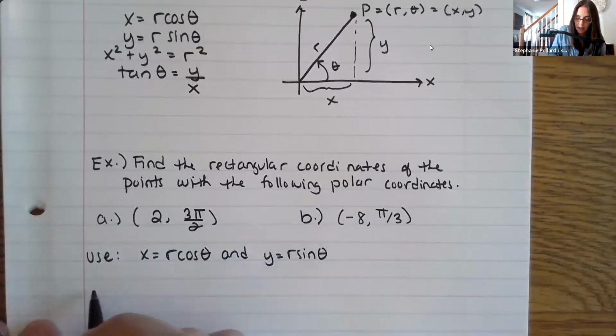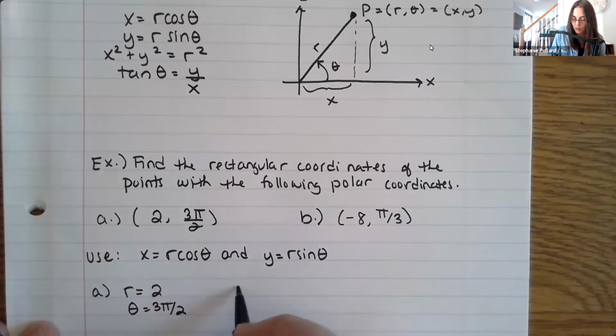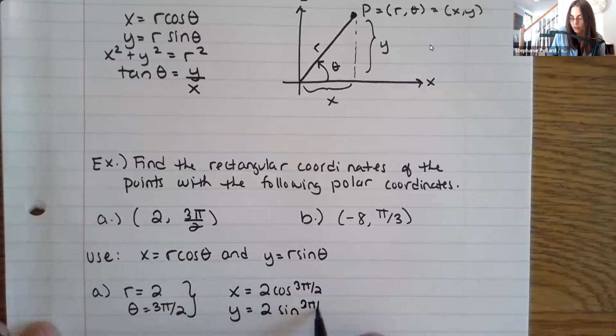So for A, our r is 2 and our theta is 3 pi over 2. So our x will be 2 times cosine of 3 pi over 2. And our y will be 2 times sine of 3 pi over 2.